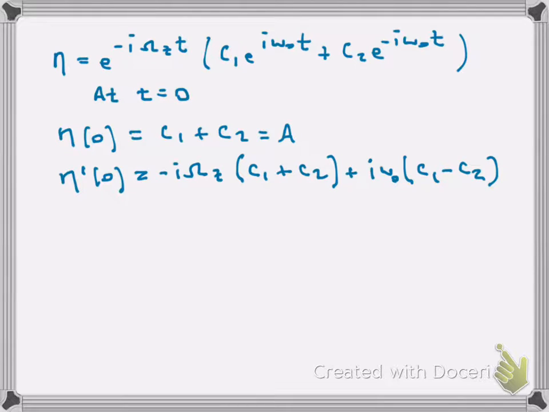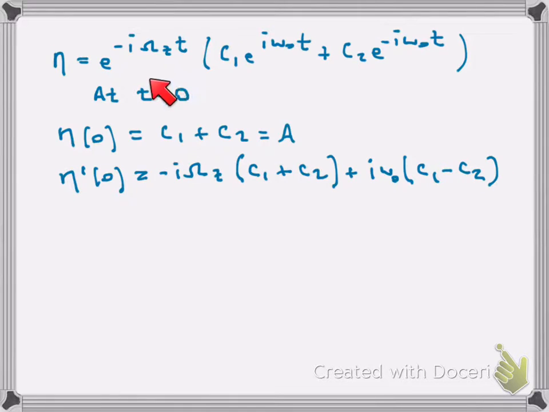And we have to do the derivative. So eta prime at time 0 is a product rule. We have to differentiate the term on the outside, which pulls out a minus i omega z, times the stuff in parentheses at t equals 0, which is just going to give me c1 plus c2.